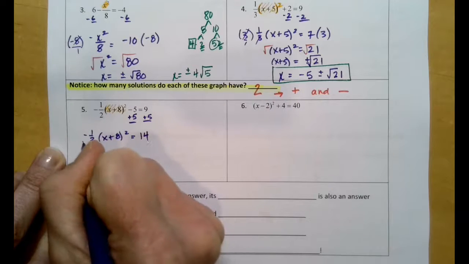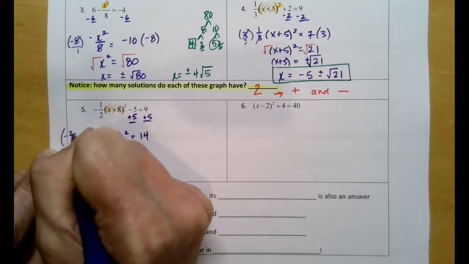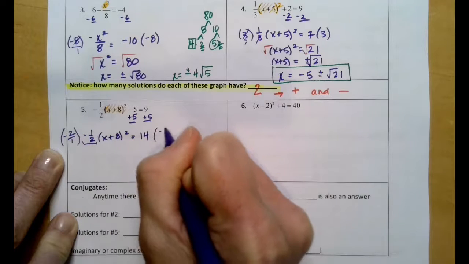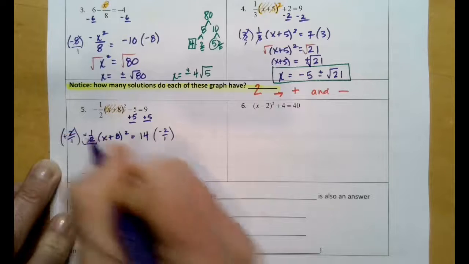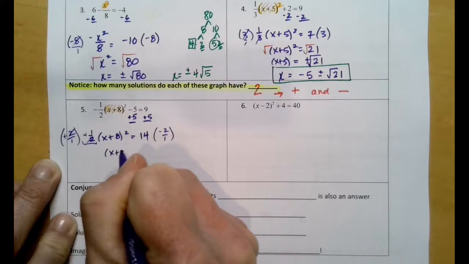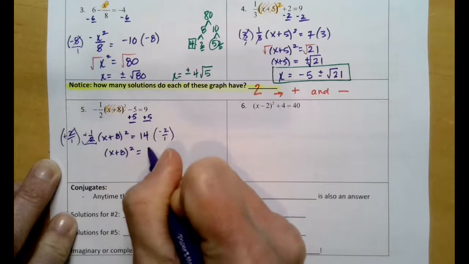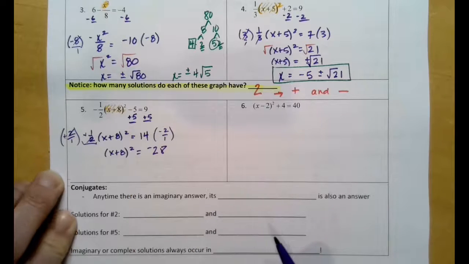Now I have to deal with this coefficient next. So I'm going to multiply each side by negative 2 over 1. These cancel out. My negatives cancel out. So I have x plus 8 squared is equal to negative 28.